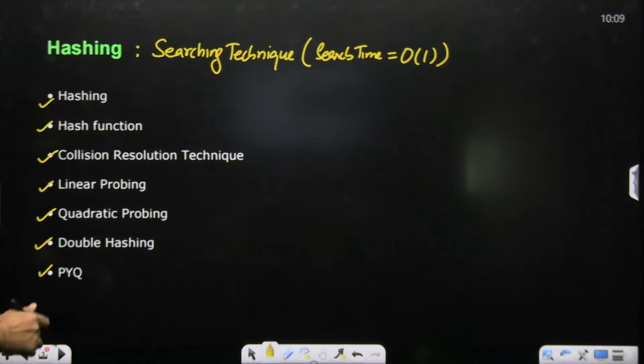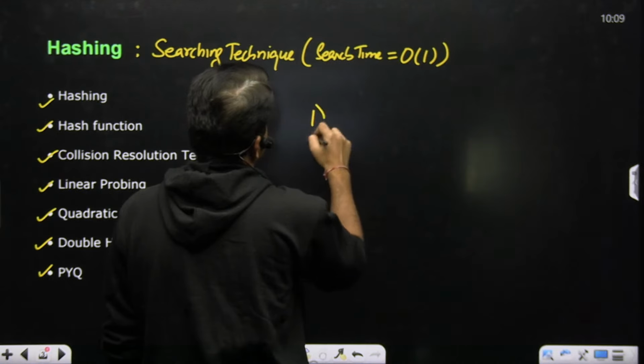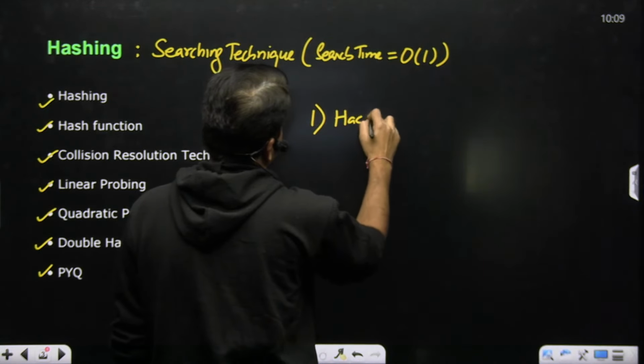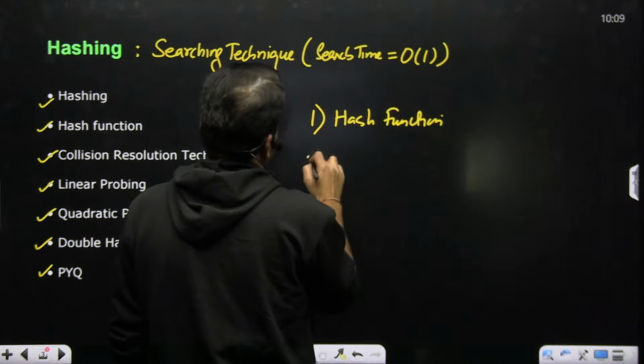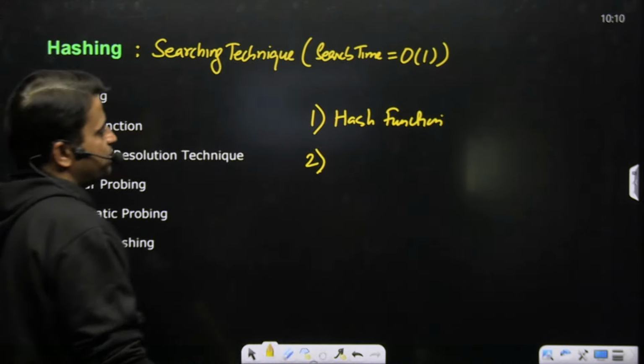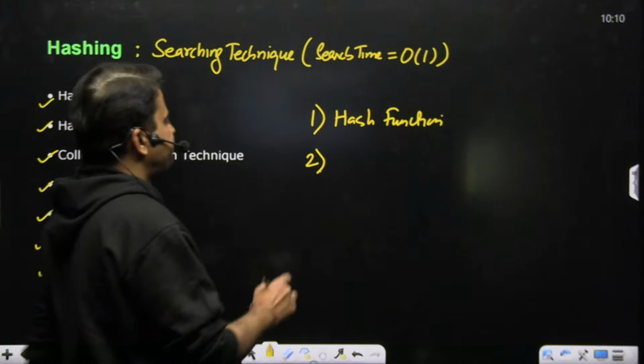So what are the components in hashing, students? We'll discuss them. First, the hash function, the key space, and the hash table.